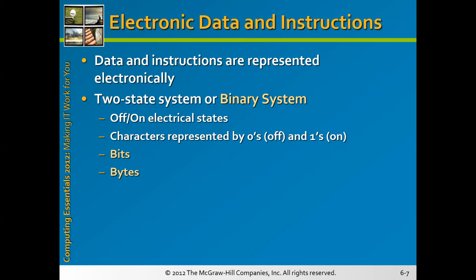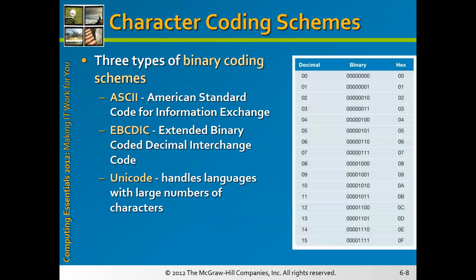Each 0 or 1 is called a bit, short for binary digit. Bits are combined into groups of 8 bits called bytes. The smallest unit is a bit; 8 bits equal 1 byte or 1 character.